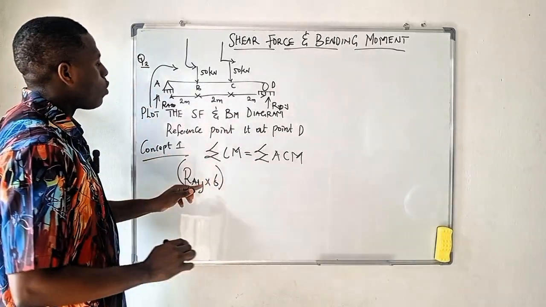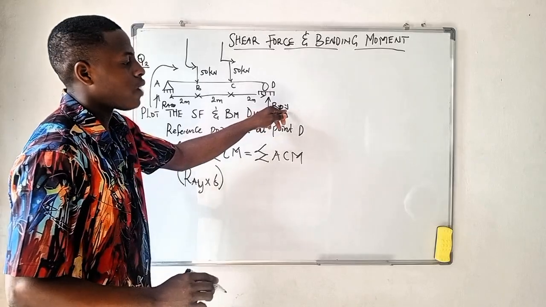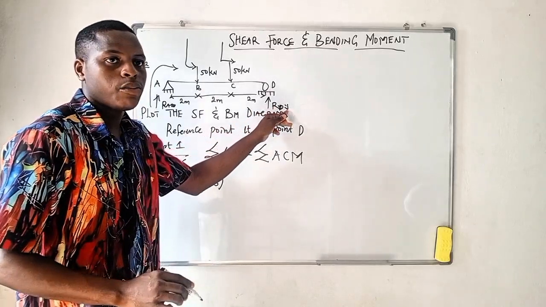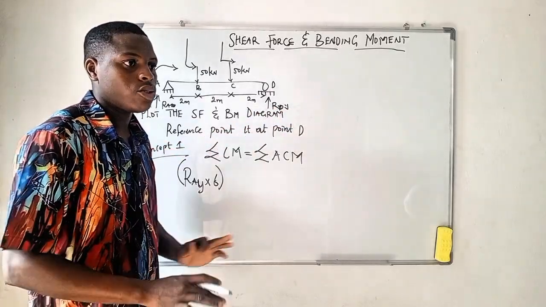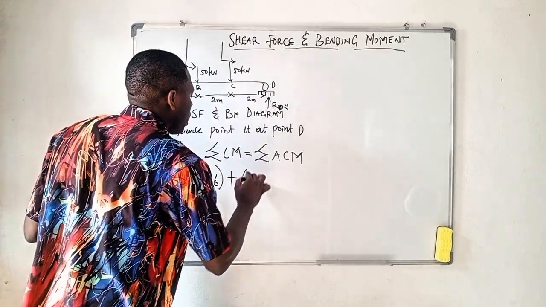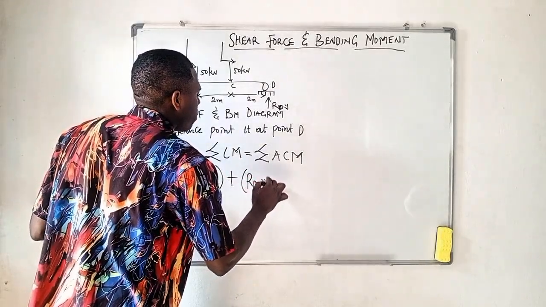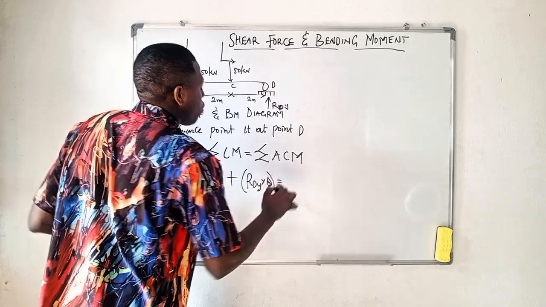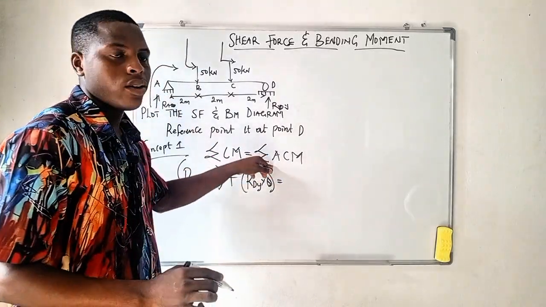The next one is the clockwise moment of RD. Since this is our reference point, it doesn't have any distance, so the distance is 0. So we have plus RDY times 0.